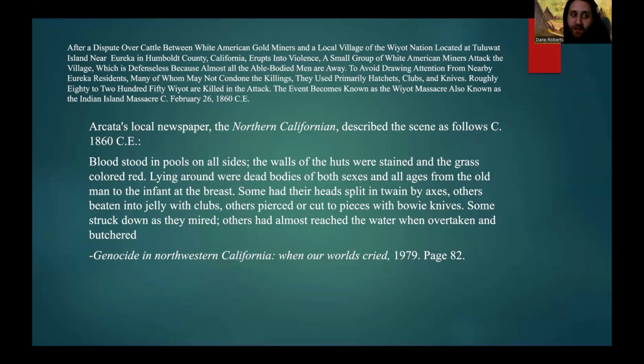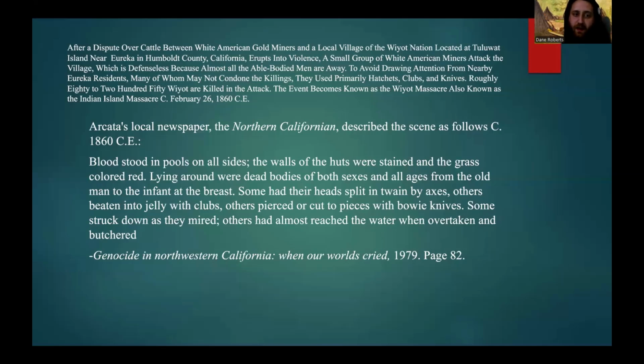To avoid drawing attention from nearby Eureka residents, many of whom actually did not condone the killings, the attackers primarily used hatchets, clubs, and knives. Roughly 80 to 250 Wiyot were killed in the attack, with this event becoming known as the Wiyot Massacre, also known as the Indian Island Massacre.